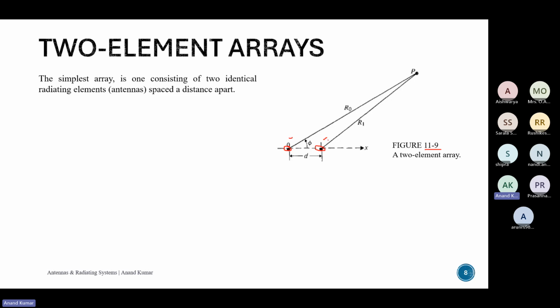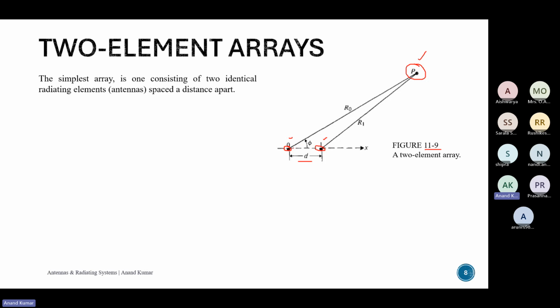We will try to find the electric field at this point P. This point P is at a distance R0 from element 0 and R1 from element 1. P is in the far field of both the antenna elements, and the elements are separated by distance d.